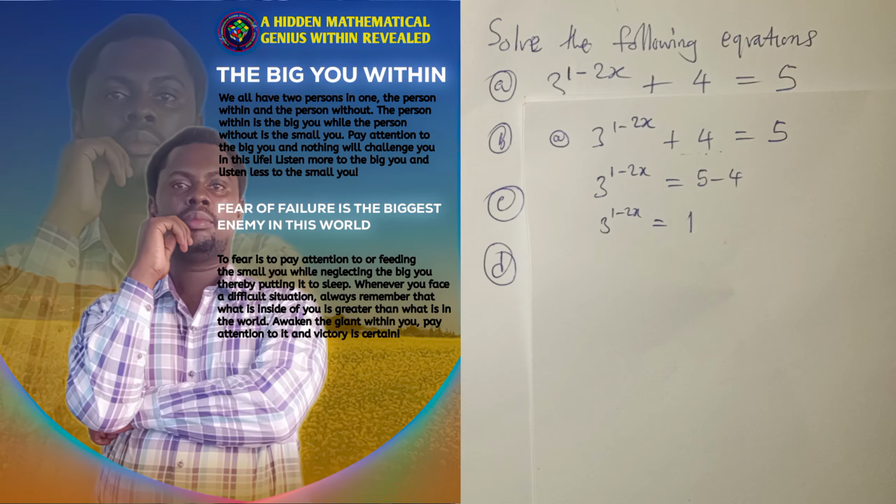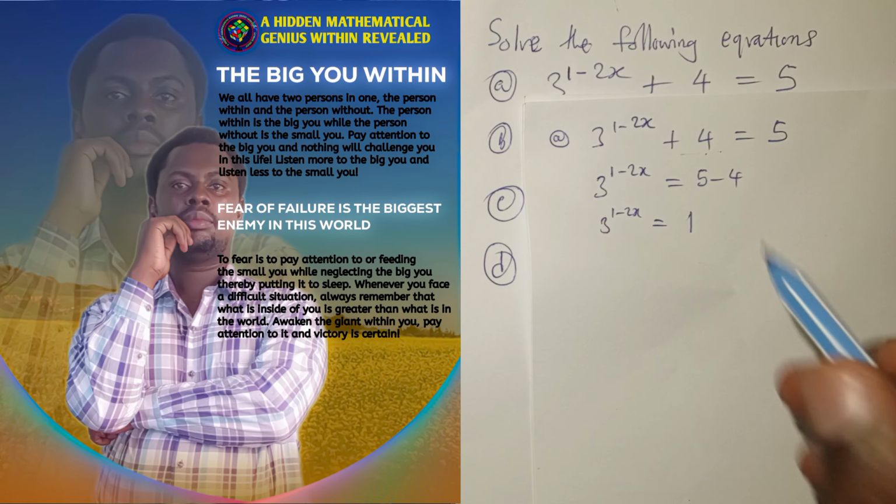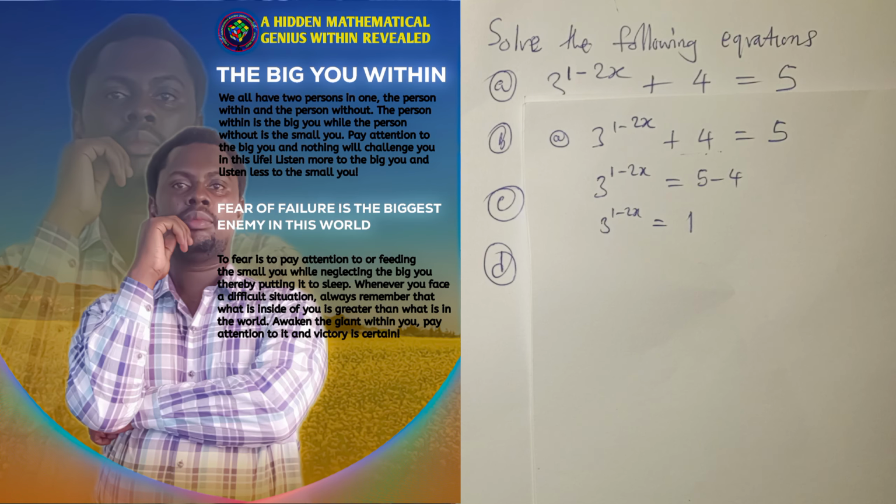So which base can we make to be common for 3 and 1? I believe you remember that any number to the power 0 is equal to 1. So here, where there is 1, you can just put 3 to the power 0. Then you're going to have a common base.